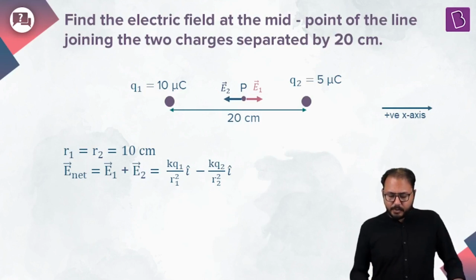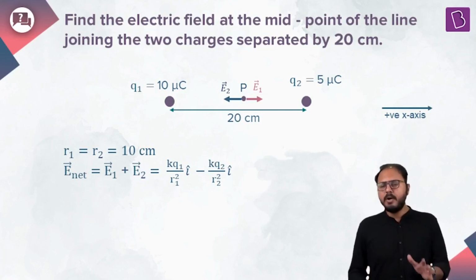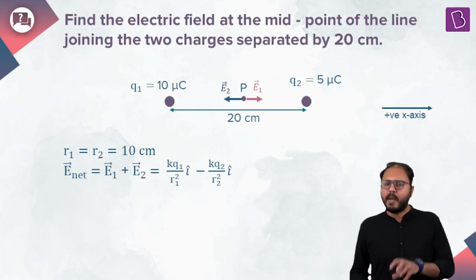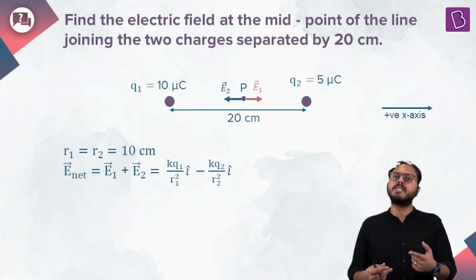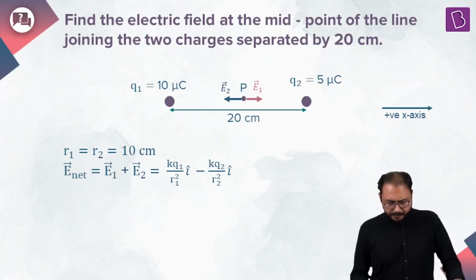And look at the magnitudes also. KQ1 by R1 square by putting Q1 as 10 microcoulombs and R1 as 10 centimeters, and Q2 5 microcoulombs and R2 is again 10 centimeters. Although I am adding these 2 vectors, but because they are oppositely directed, their magnitudes are subtracted.